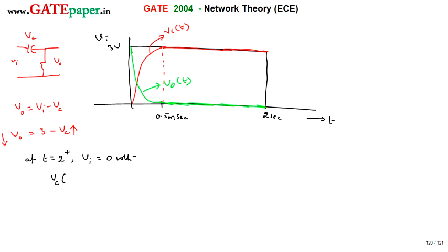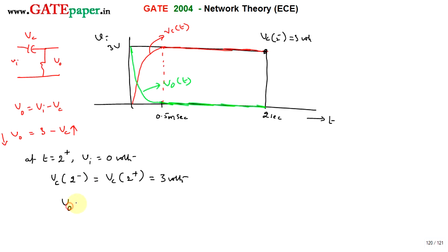So Vc at t is equal to 2 minus is the same as Vc at 2 plus. Vc at 2 minus is nothing but this value, 3 volts. So this will be 3 volts itself. Vi is 0 at t is equal to 2 plus. Capacitor voltage at 2 plus is the same as at 2 minus, which is 3 volts.